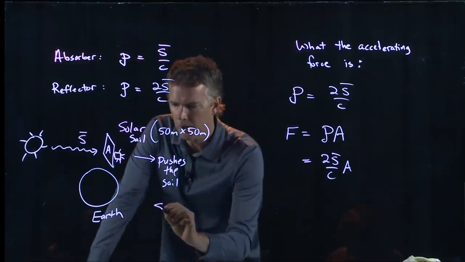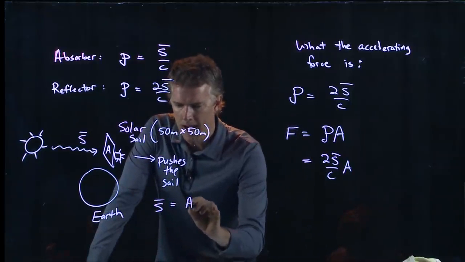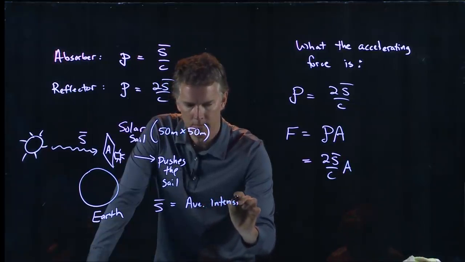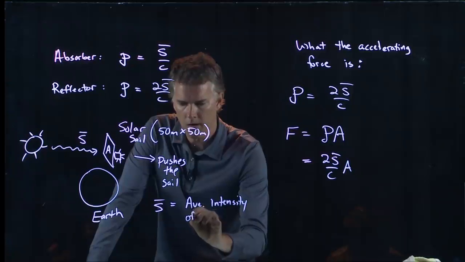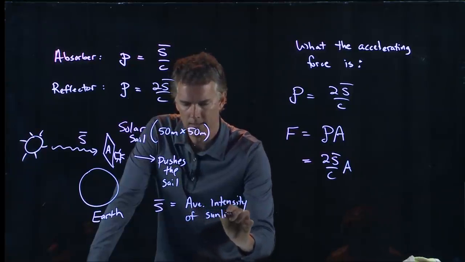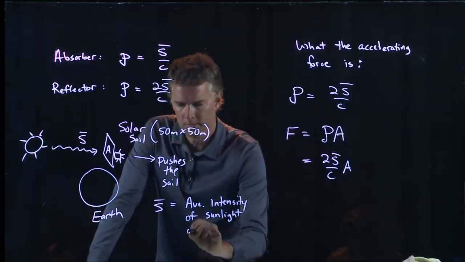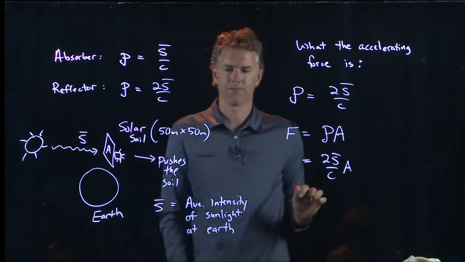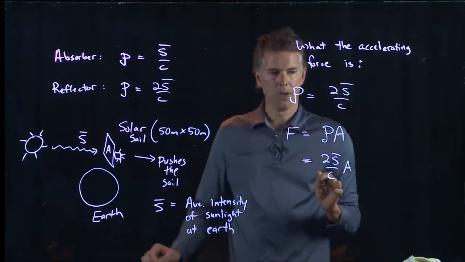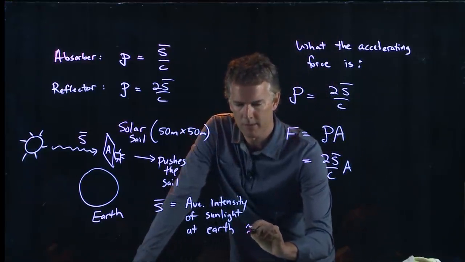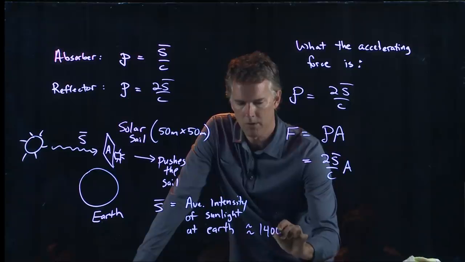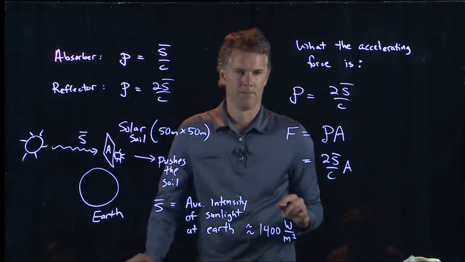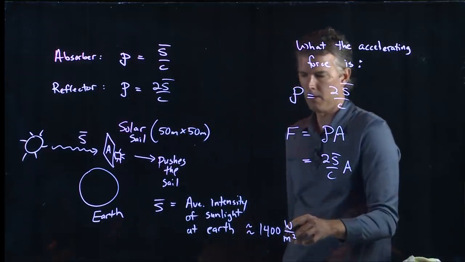And so S bar is the average intensity of sunlight, basically where the Earth is located. And we know what that is. It's roughly 1,400 watts per square meter. Okay, 1,400 watts per square meter.